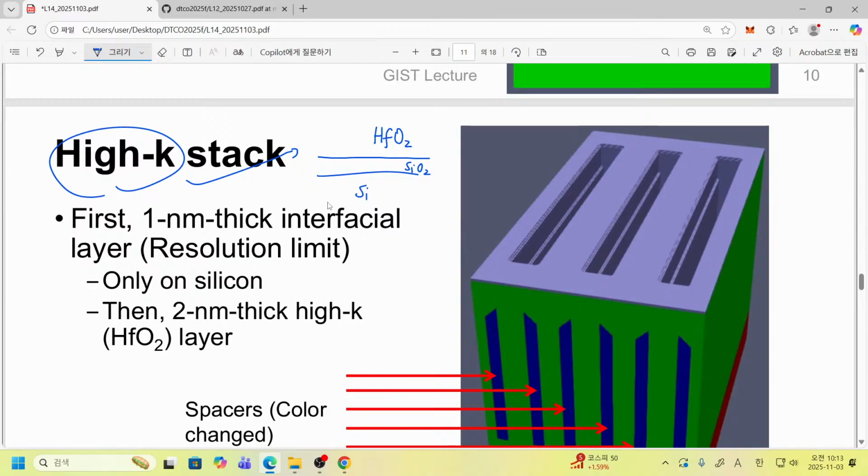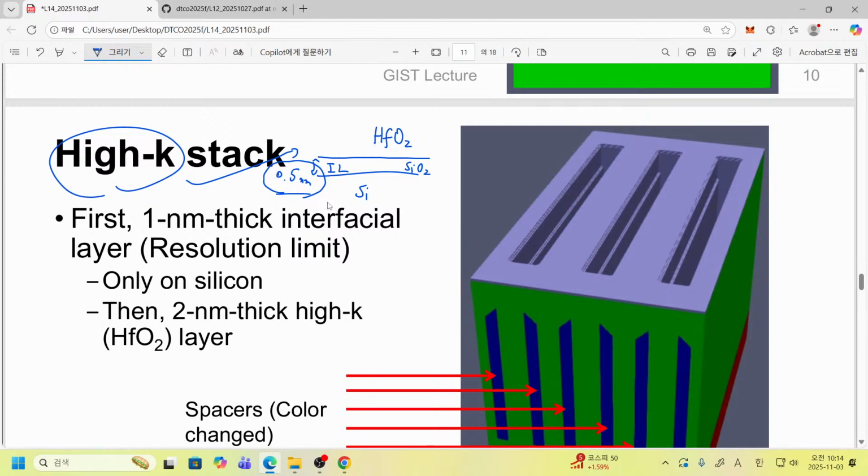This thin layer is called the interfacial layer, and its thickness is known to be about just 0.5 nanometer. So we have to have a very thin layer. This corresponds to just one cube of the silicon crystal structure. For that thickness, we introduce a silicon dioxide layer.